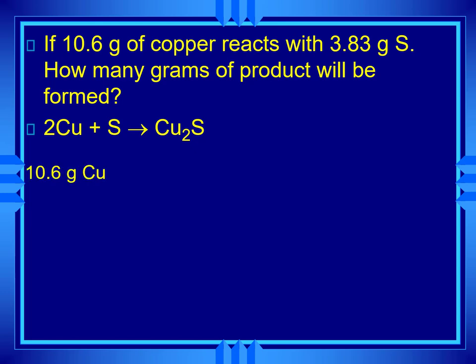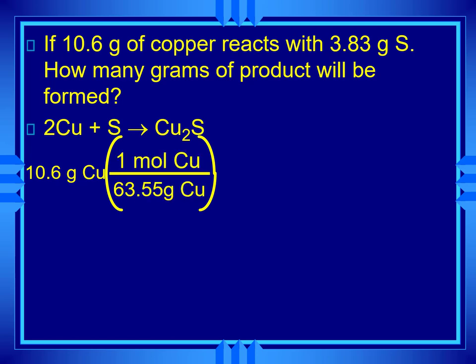And I start off with my 10.6 grams of copper. I'm going to take those grams of copper and turn it into moles of copper. Then moles of copper I'll be able to turn into moles of product. There's only one product here.